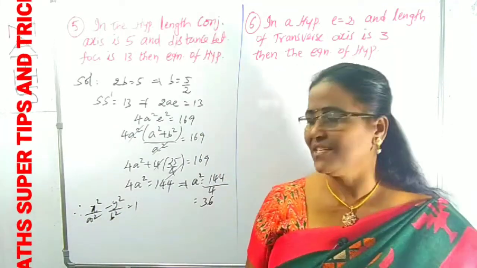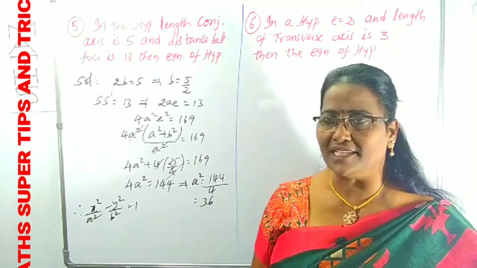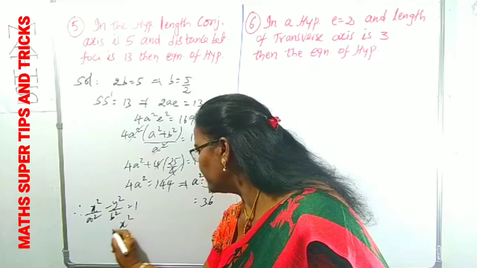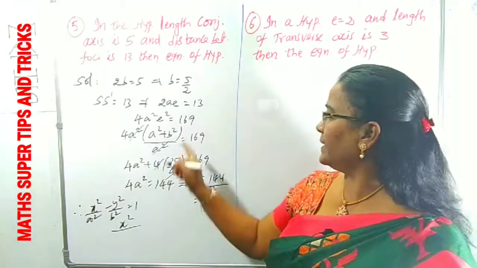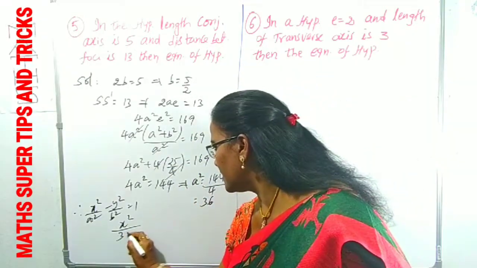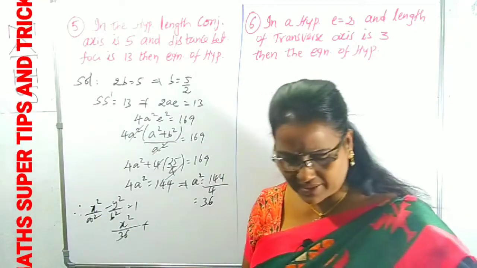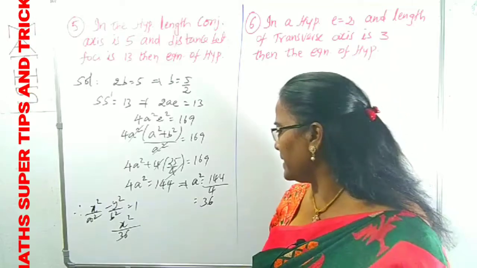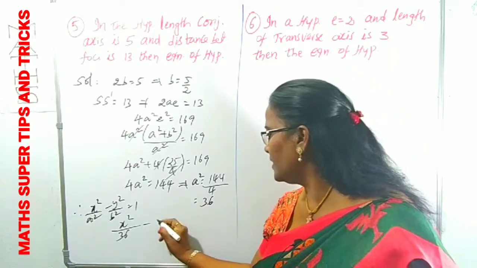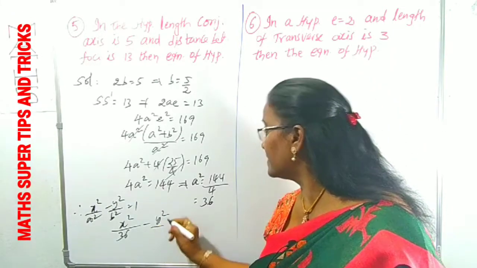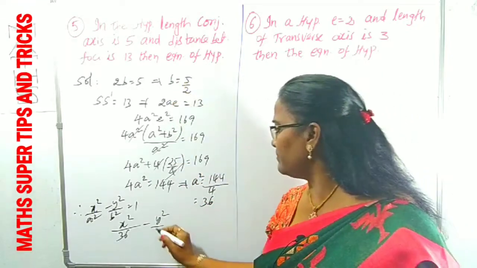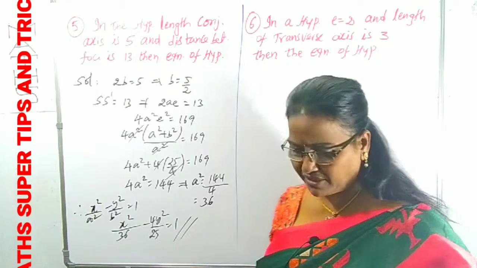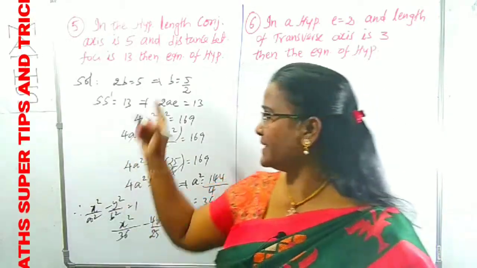We can use it because this is clearly a transverse hyperbola. Substitute these values. That is x square by, what is a square? a square is clearly 36, minus, for a hyperbola it is minus, y square by b square, which is 25 by 4, means 4 by 25, equals 1. This is our required equation of the hyperbola for this question.